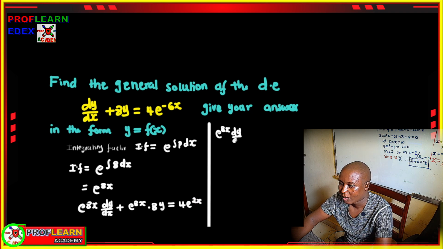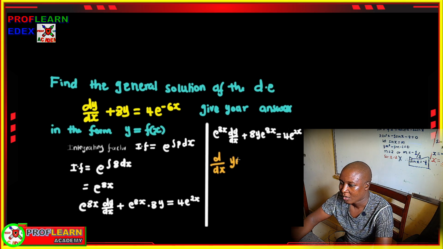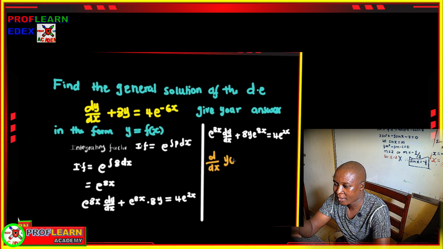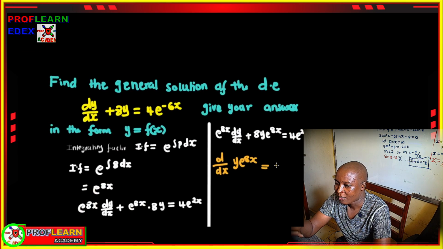And then now once we have done that, we are going to express the left hand side as a product of two terms. If you differentiate y e^(8x) using the product rule, we are going to get e^(8x) dy/dx plus e^(8x) 8y, like that.